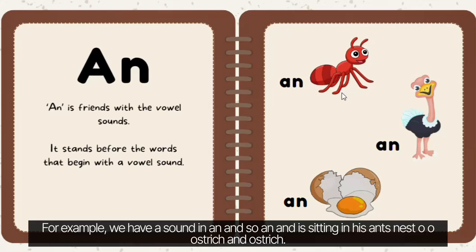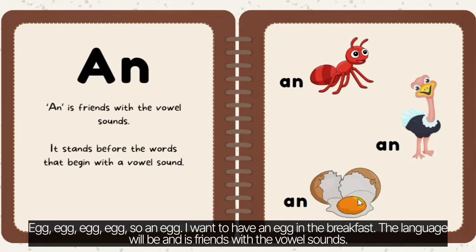For example, we have a vowel sound in ant, so an ant is sitting in his ant's nest. Ostrich, an ostrich. Egg, e, e, egg. So an egg. I want to have an egg in the breakfast.